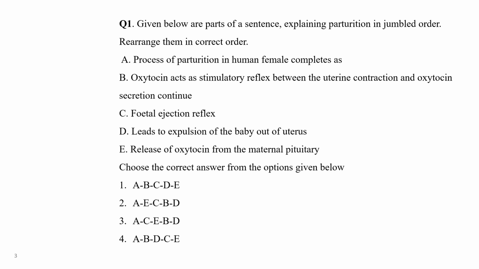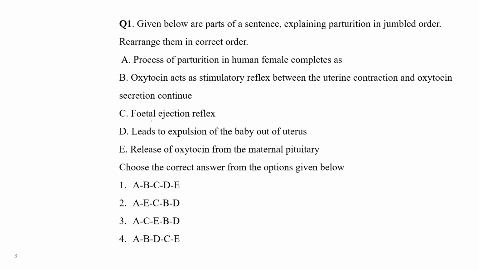In A, they have mentioned that the process of parturition in the human female completes as. In B, oxytocin acts as a stimulatory reflex between the uterine contraction and oxytocin secretion and continues.